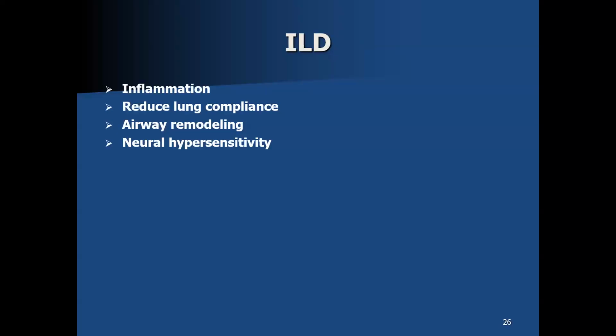Hypersensitivity pneumonitis from inhaled allergens like bird droppings or mold, sarcoidosis, autoimmune diseases like rheumatoid arthritis or scleroderma, drug-induced ILD from amiodarone, methotrexate, or bleomycin, occupational exposures like asbestos or silicosis.